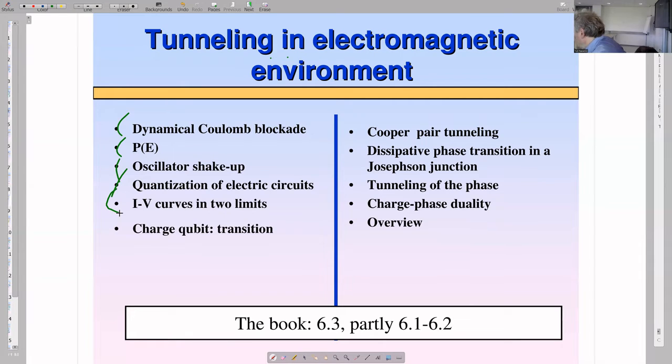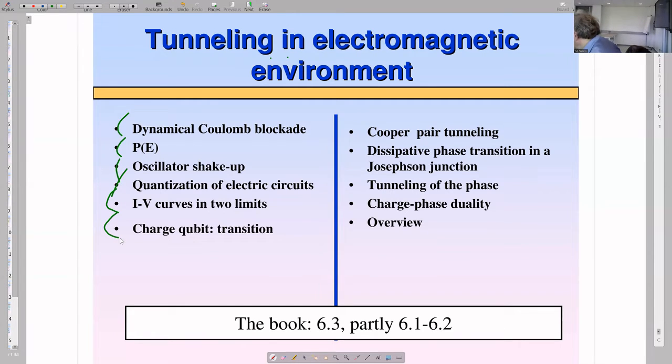We will quantify this. We will look at IV curves of a tunnel junction in the two limits. We will look at qubits in this respect. That will be about single electron tunneling. Then we look at superconducting devices.